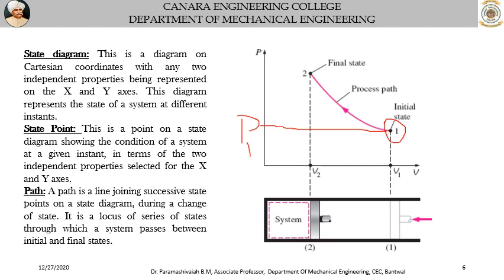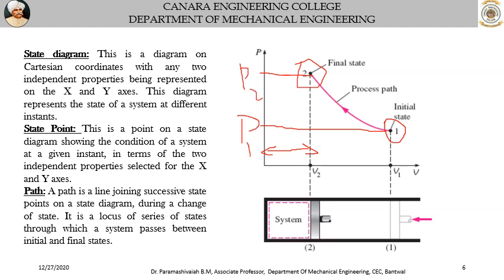If you consider the state 2, here volume is reduced to V2. This is the volume V2. Then the pressure has increased from P1 to P2. The pressure is P2.